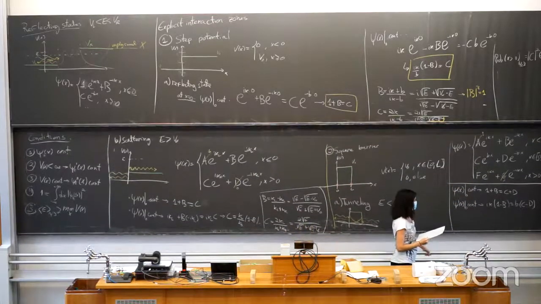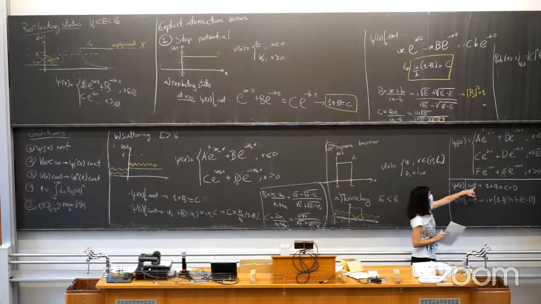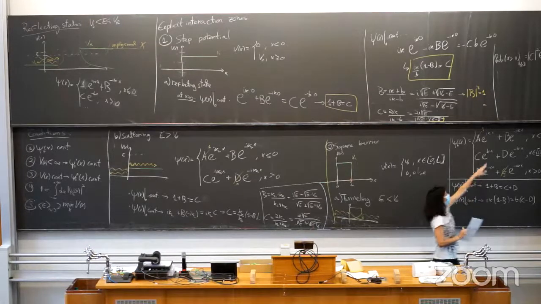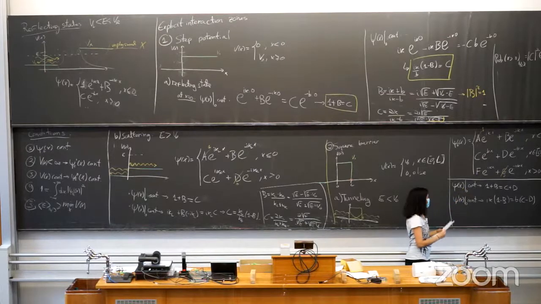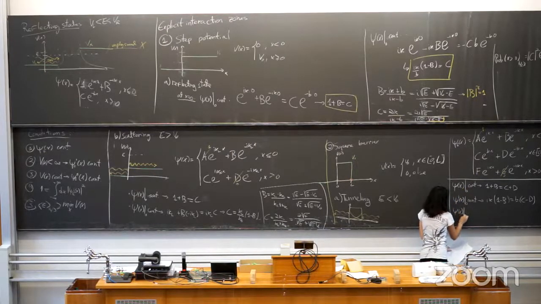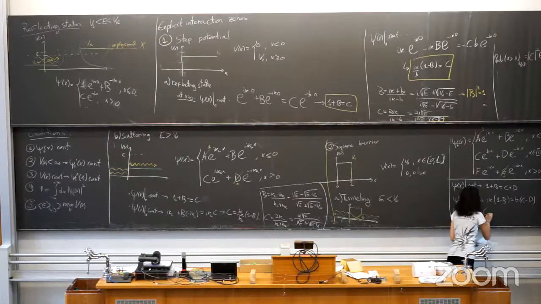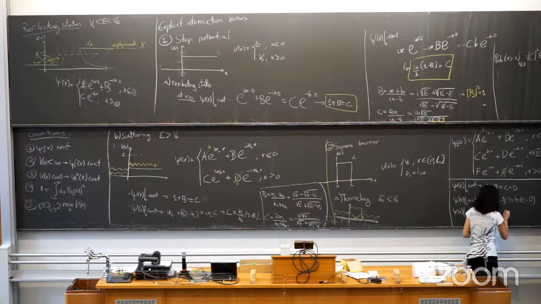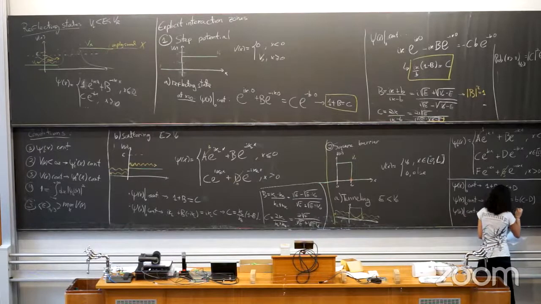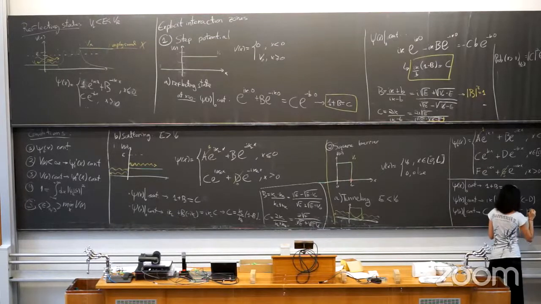So now we have 2 equations, but we have 4 variables to work out: B, C, D, and F. So we need 2 more, which means we need to look at f of x at the other point. This gives us another equation, just gluing this solution to this one: C e^(BL) plus D e^(-BL) at x equals L equals F e^(iKL).